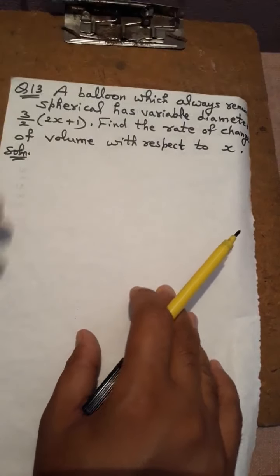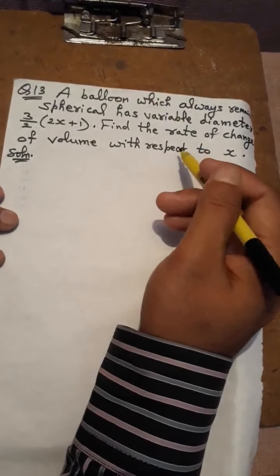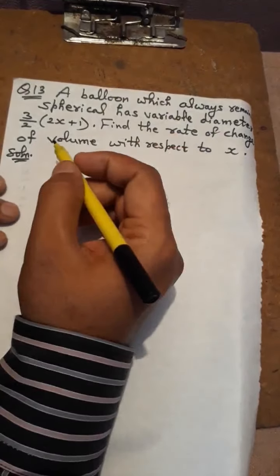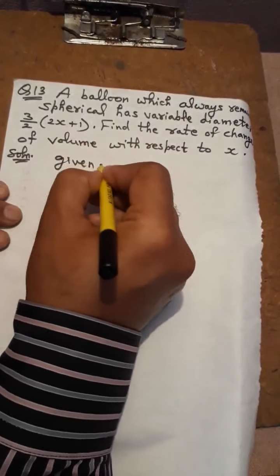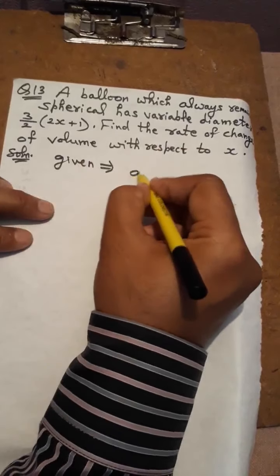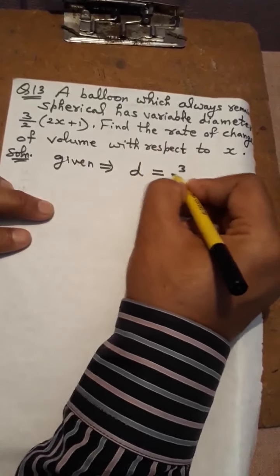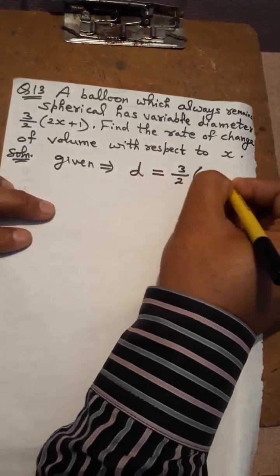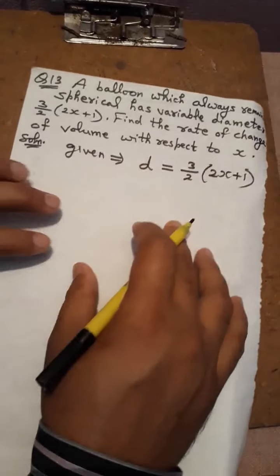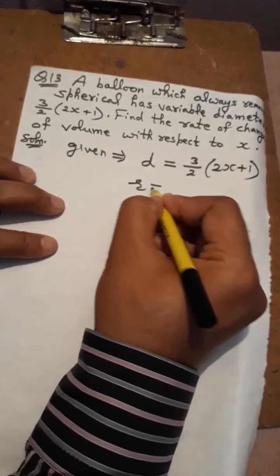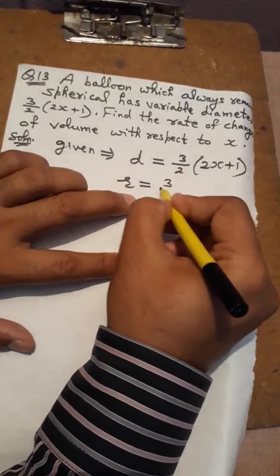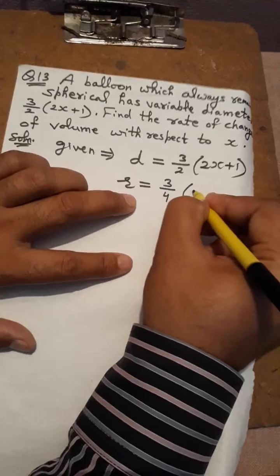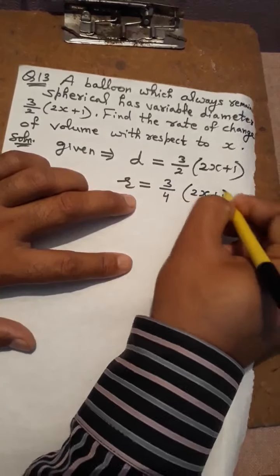Right? So let us solve it. Diameter is 3 by 2 into 2x plus 1. So what is the radius of the sphere? Half of the diameter. So this becomes 3 by 4 into 2x plus 1.